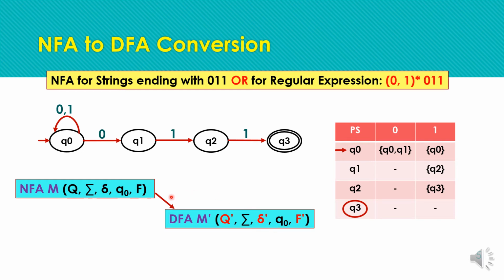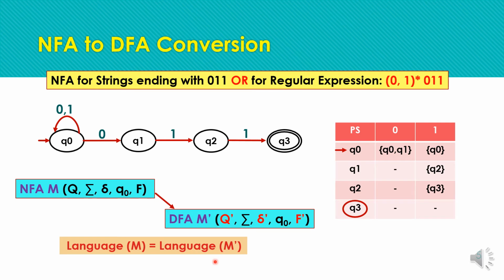So our requirement is to convert this NFA to DFA, but we have to keep a check that the language of both machines should be the same. Once we have constructed the NFA and converted it to the equivalent M dash, that is the DFA, the language of M and of M dash should be the same.